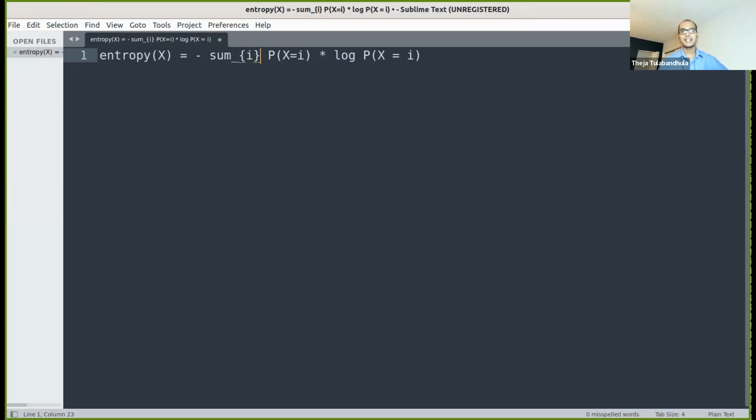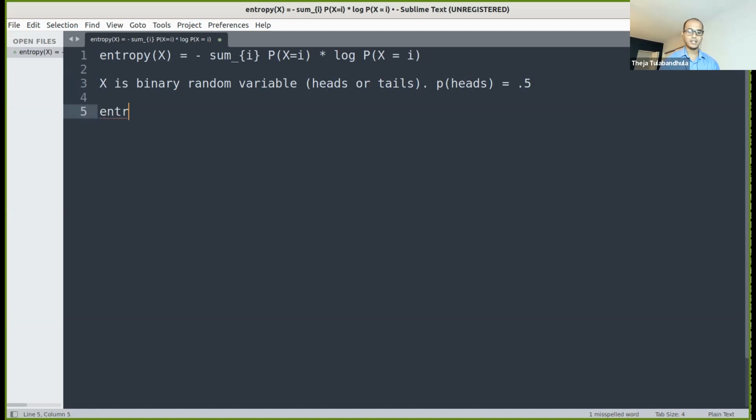Let me give an example. X is a binary random variable, say heads or tails, and let's say it is unbiased, which means the probability of heads is 0.5, and the probability of tails is 0.5. So what is the entropy of this random variable?